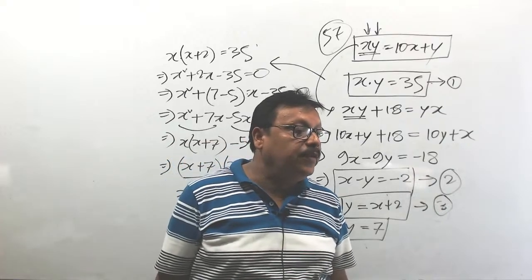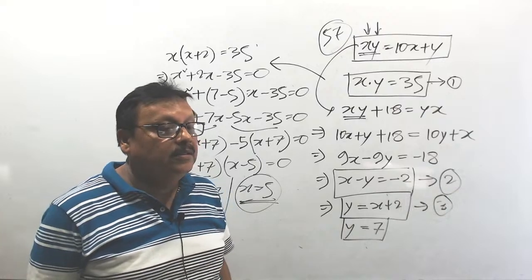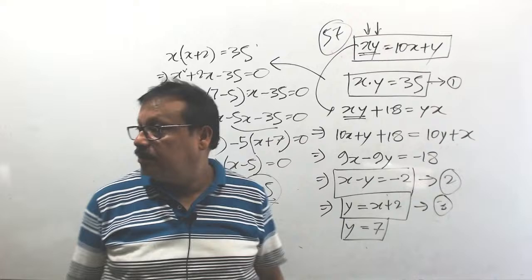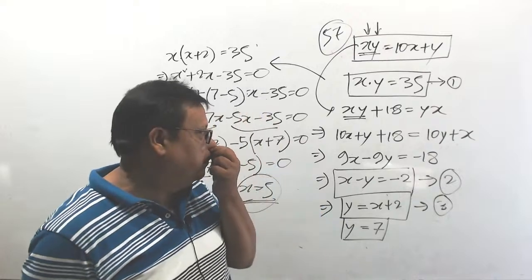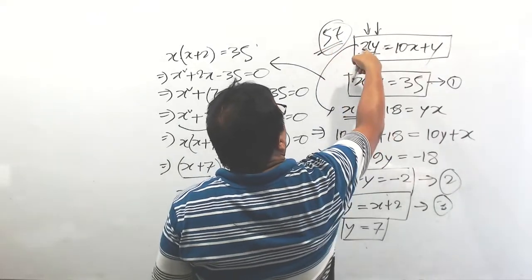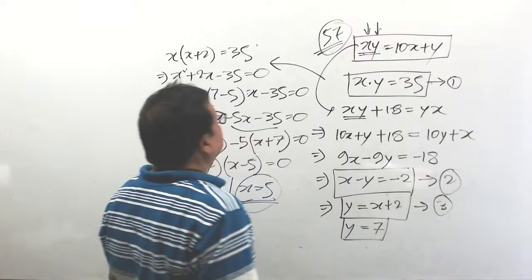Anurupa, answer is 57, I think you have done a mistake. Okay, answer is 57. So x is 5, y is 7.